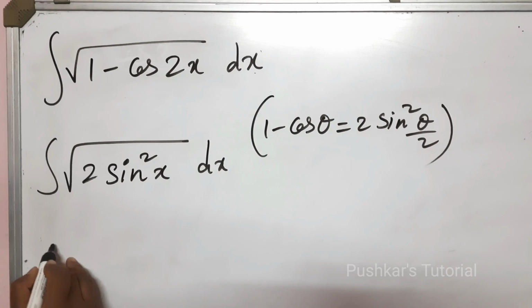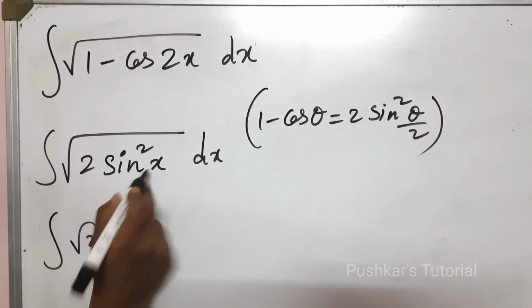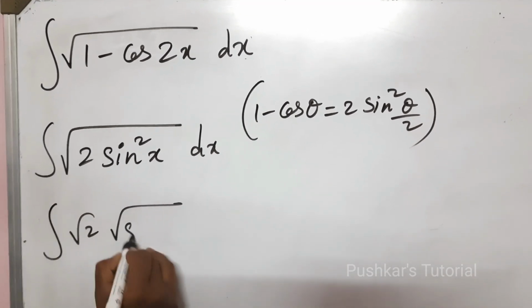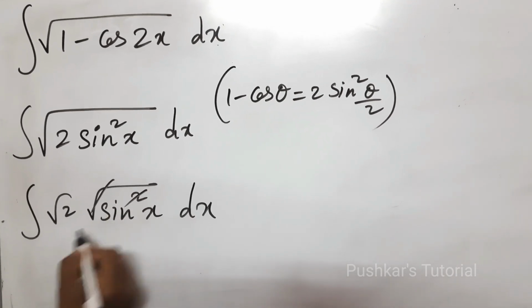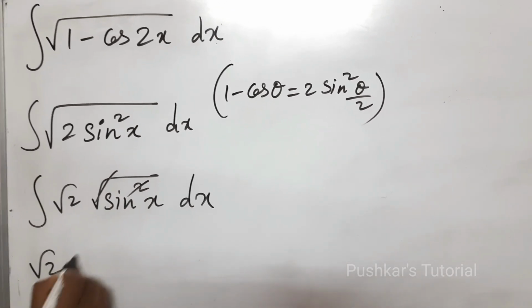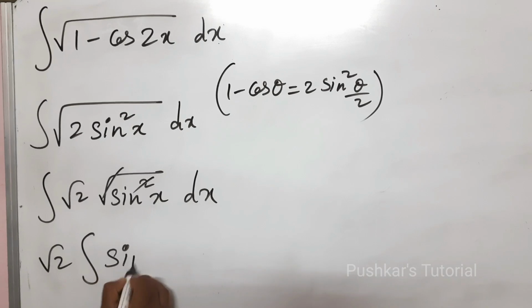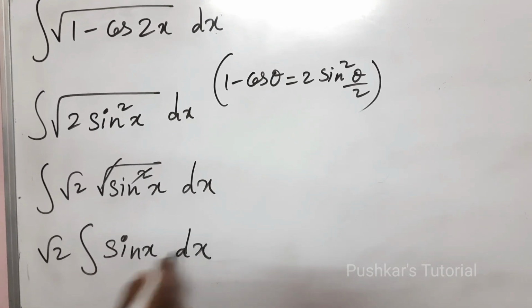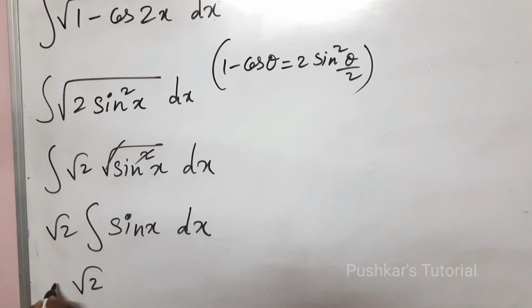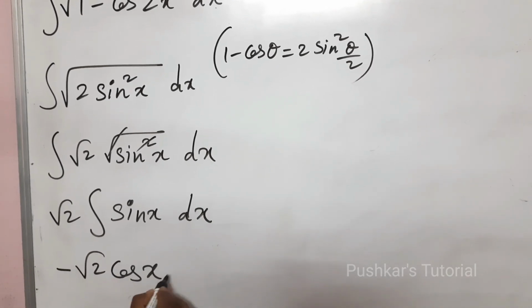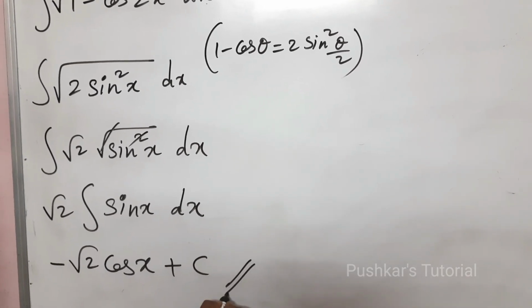So root 2 as it is and the square root cancels for sin. So root 2 is a constant that we have to write in front. So what is left over in the integration? Only sin x into dx. The integration of sin is minus cos x. So I am writing minus in front: minus cos x plus c.